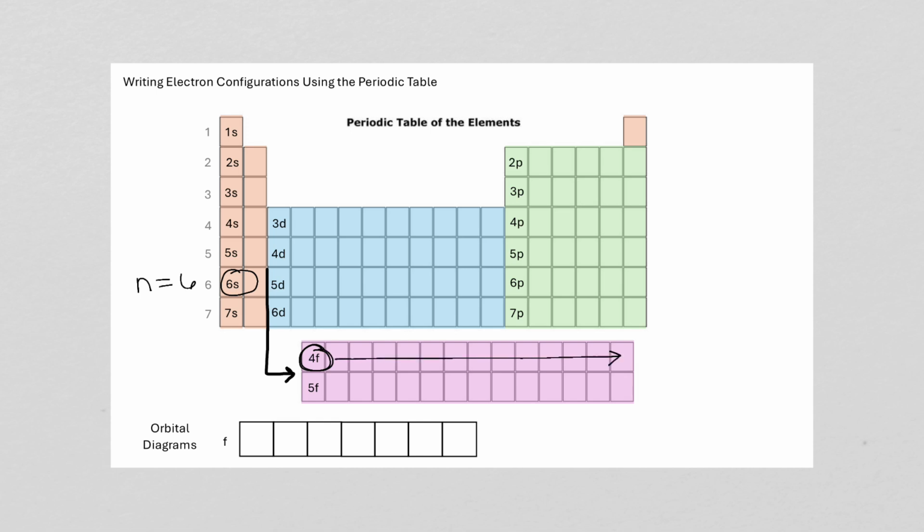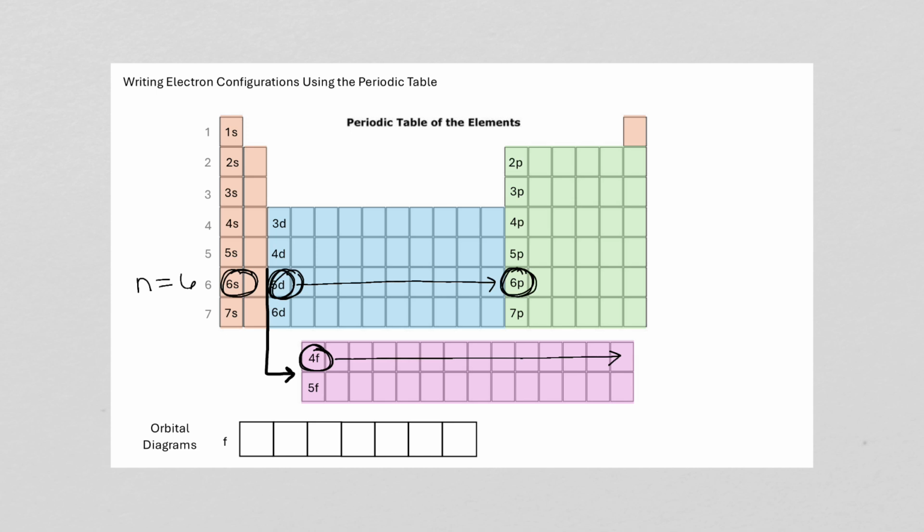Then I come back up to my d block and I'm in n equals 5 as I go across here until I hit my main group again, in which I return to n equals 6. So all of the f blocks are offset by 2, and all of the d blocks are offset by only 1. I have to keep this in mind as I read the periodic table from left to right, because here I go from 6 down to 4, up to 5, and then back to 6 again.